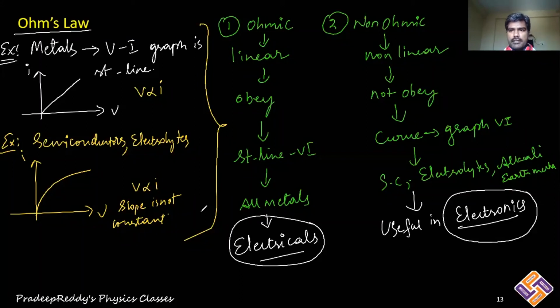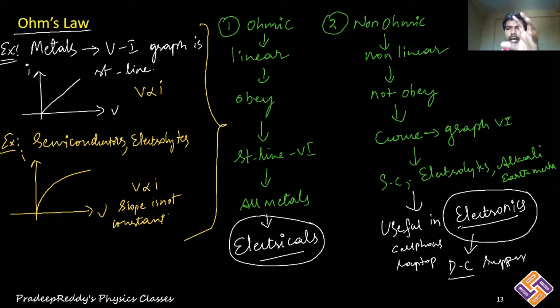They are ohmic conductors. They work with alternating current. Whereas non-ohmic conductors are made up of semiconductors. Semiconductors constitute electronics. Electronics use DC supply: cell phones, laptops, tablets, and LED, LCD. These all devices work with DC supply.